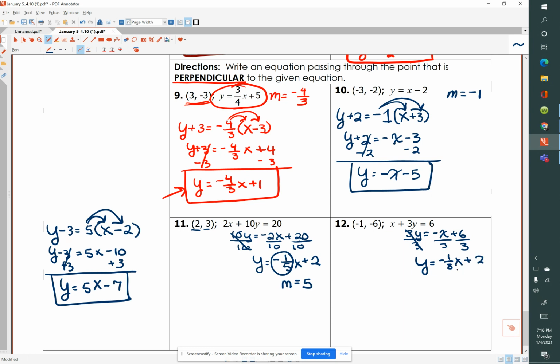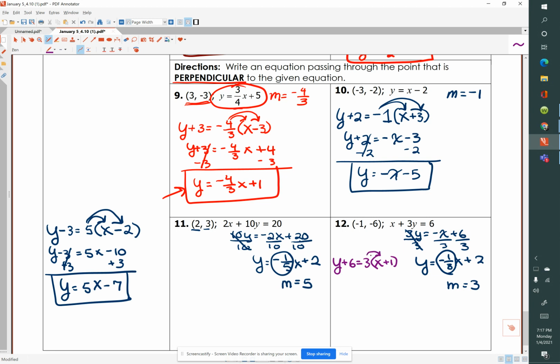And the negative reciprocal of negative 1/3 is 3. So we'll plug that in, and I'm going to change the color so it stands out a little better. Y minus y1, which is negative 6. So y plus 6 equals 3 times the quantity of x minus negative 1, which is x plus 1.